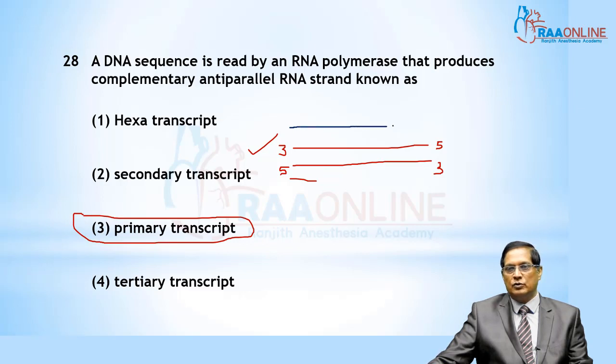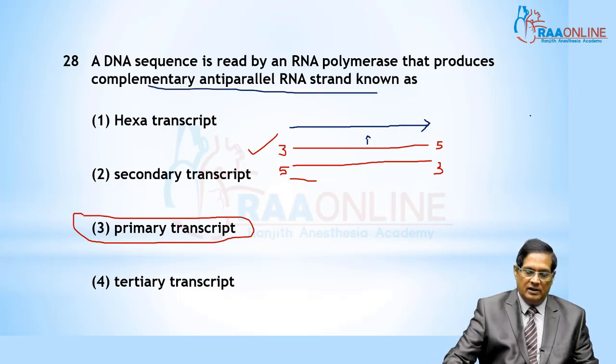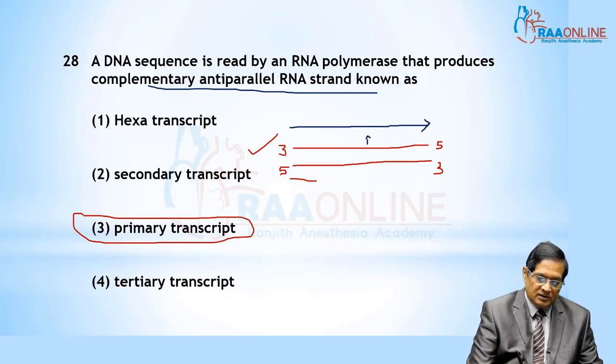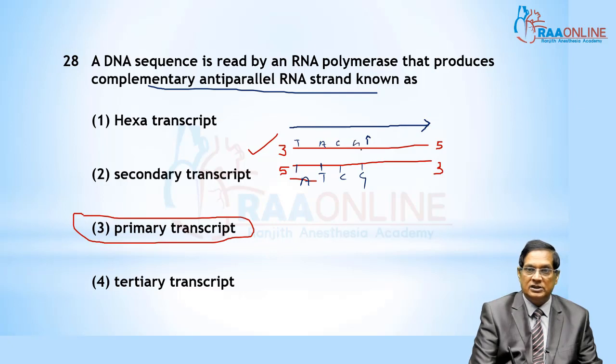This is the RNA molecule formed by this strand, the primary transcript, a complementary anti-parallel RNA strand. Suppose here A, T, G, C is there. Then in that case, T, A, C, G is the RNA.